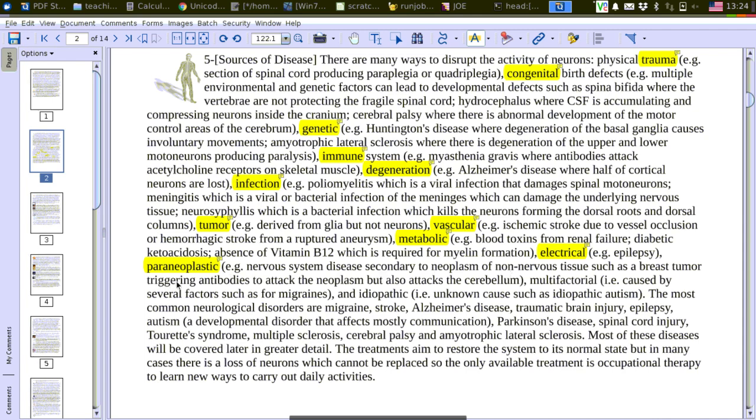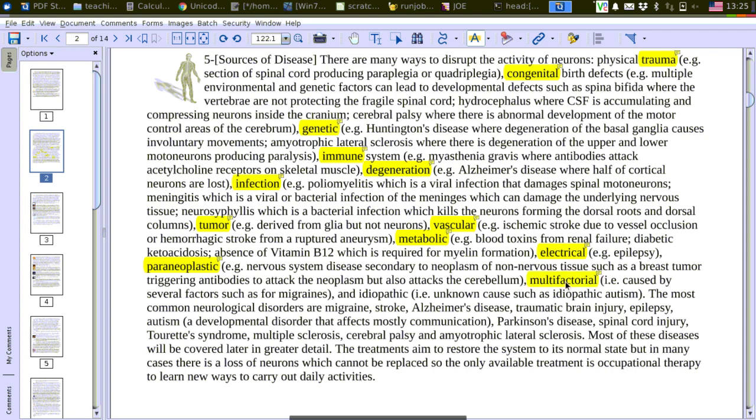Now, in some cases, the antibodies, which are designed to match the outside of the breast tumor, actually also fit well on other tissues, for example, the cerebellum. So the antibodies will bind to the cerebellum, and the immune system will start destroying the cerebellum. And so that will lead to loss of motor control because the cerebellum is responsible for motor control.